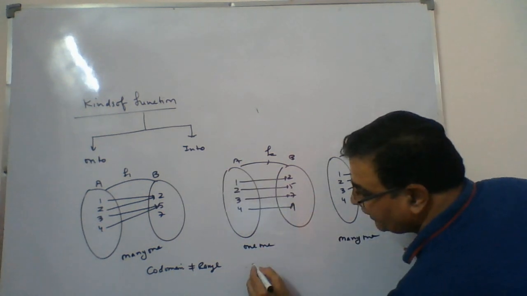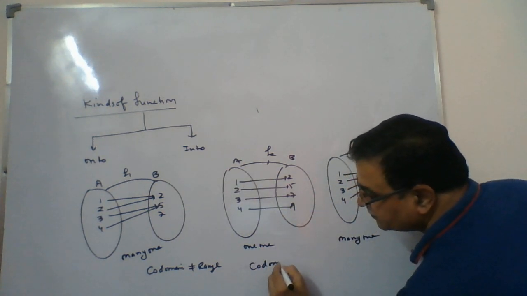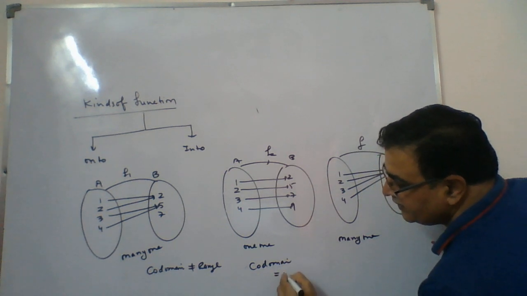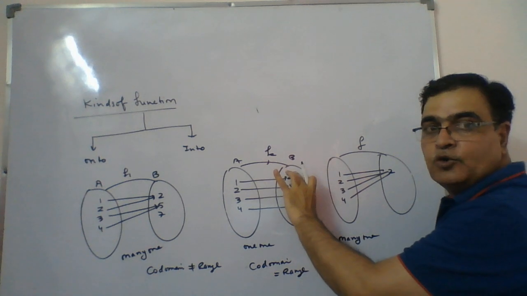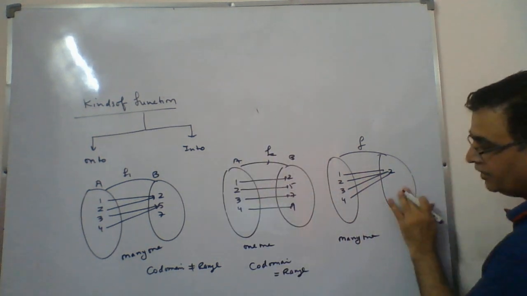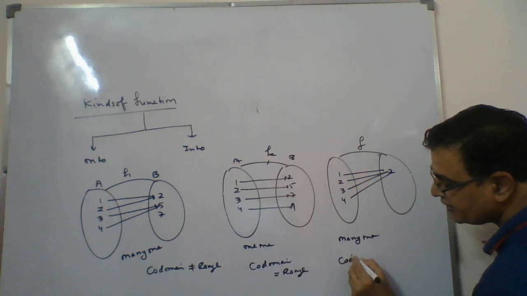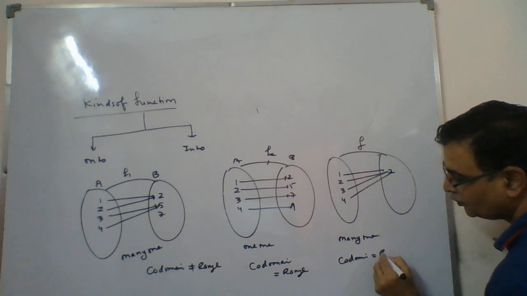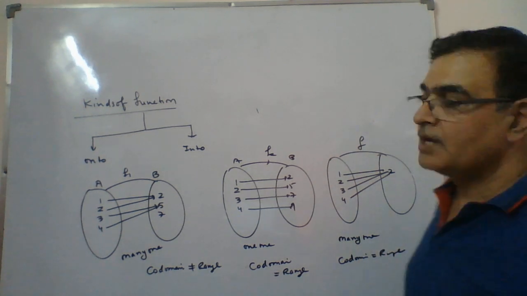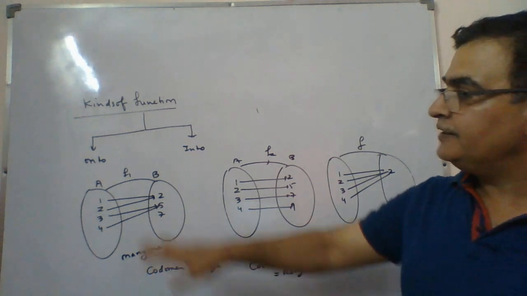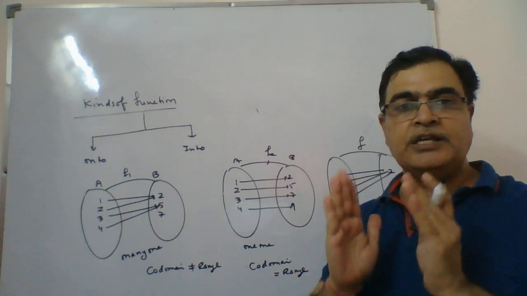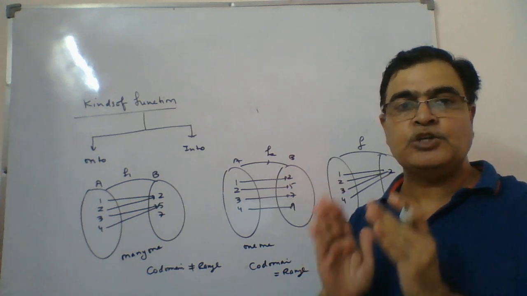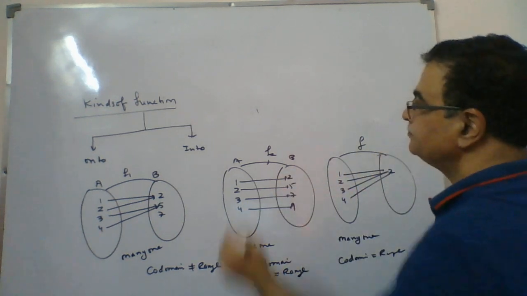In this case, what should I say, codomain is equal to range. 2, 5, 7, 9 is the codomain and that is the range. Here in this case, again we should say codomain equal to range. Now, whenever a function is onto, in simple words, each and every element in set B should have its pre-image.